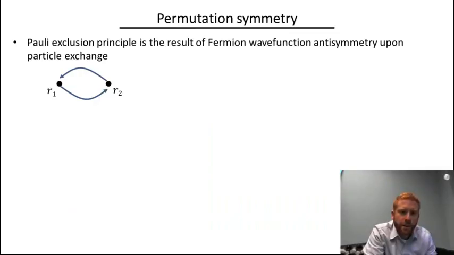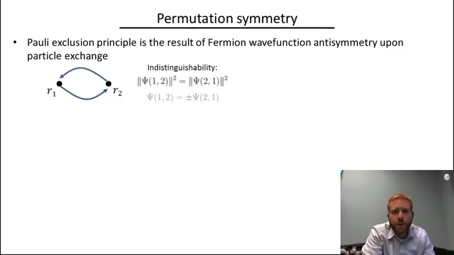As you've heard in Professor Golitsky's earlier lectures, a system of two indistinguishable particles must yield the same measurement of electron probability distribution regardless of how the two sets of quantum numbers apply to the first and then the second, or vice versa. This means that particle exchange implies the acquisition of a unit amplitude complex phase, and two distinct phases we see most often in nature are 0 and pi, giving an overall coefficient of +1 or -1.